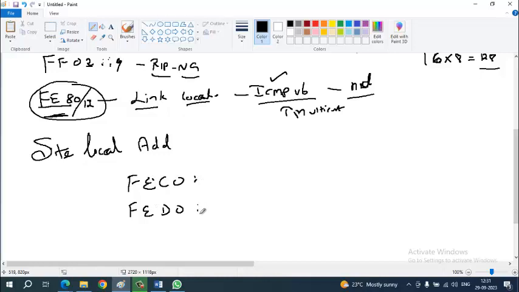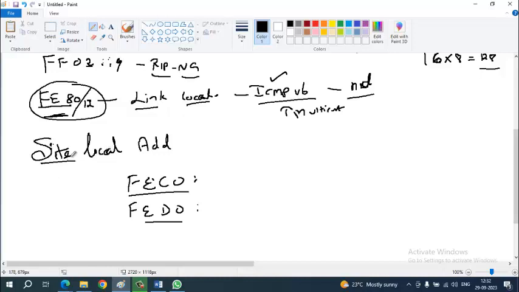These two reservations were made earlier and called site local address. But now it's removed from the standard. They removed it. They don't want to have this address type. The reason is it's not necessary.